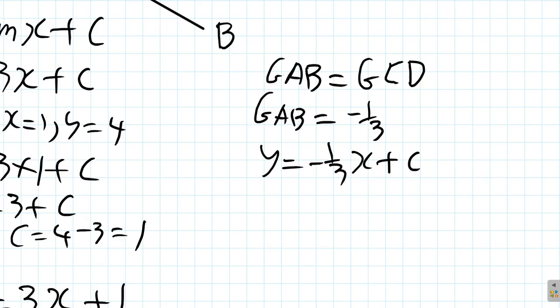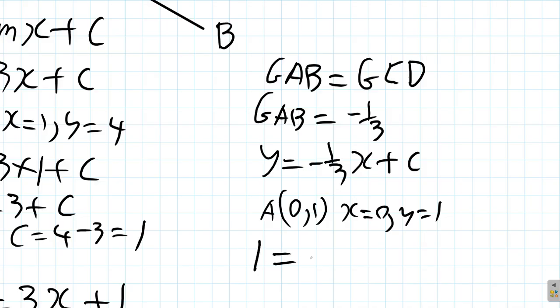So at 0, 1, x is equal to 0 and y is equal to 1, right? Now y, which is 1, is equal to negative 1/3 times 0 plus c. But negative 1/3 times 0 is 0. So c would be 1.